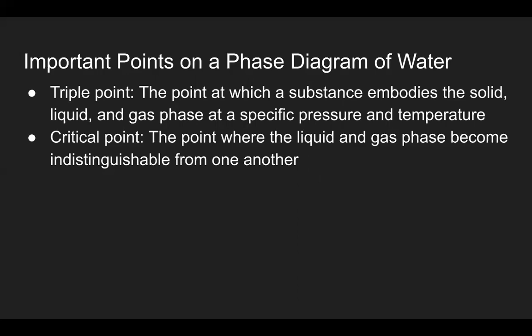On the other hand, the critical point is a point where the substance is indistinguishable in its liquid and vapor forms. In other words, if both the temperature and pressure of a substance become too high and surpass this critical point, then you cannot tell the difference between those 2 phases.